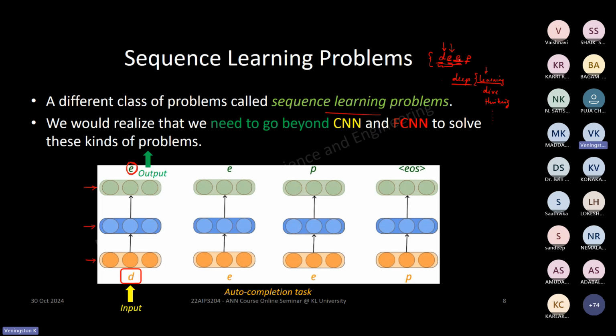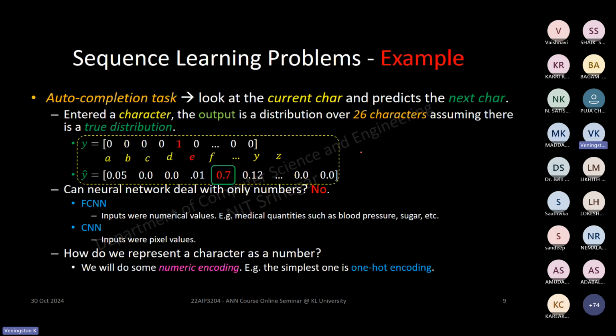That is the task here. So we are not taking auto completion word by word, we are discussing auto completion character by character. Now we want to give a numeric representation for every character, and assume that we are designing this auto completion task for English language typing.